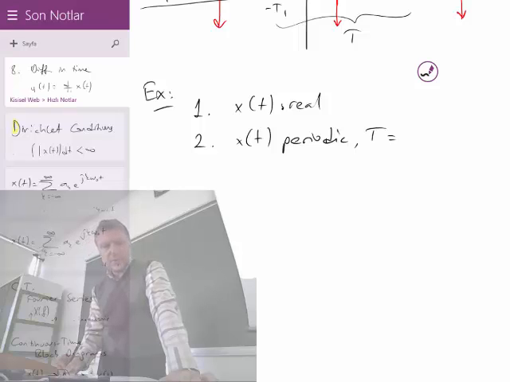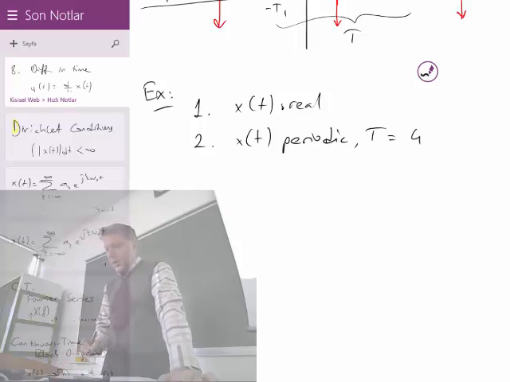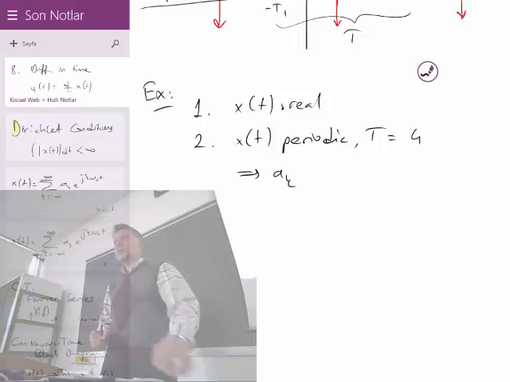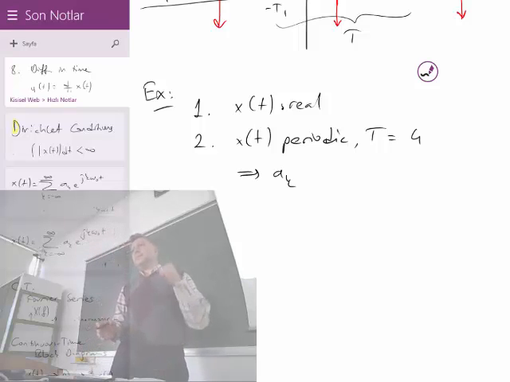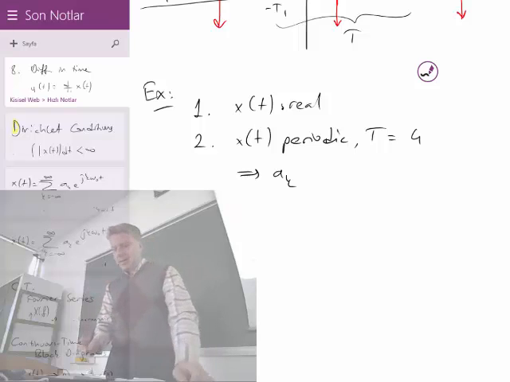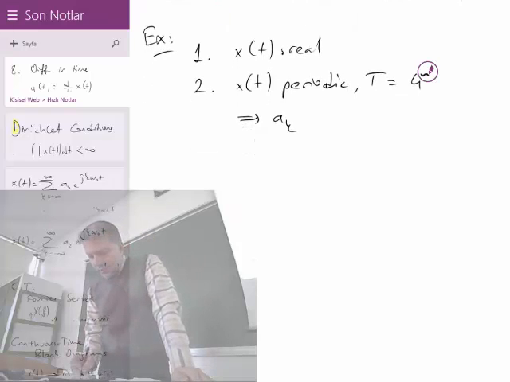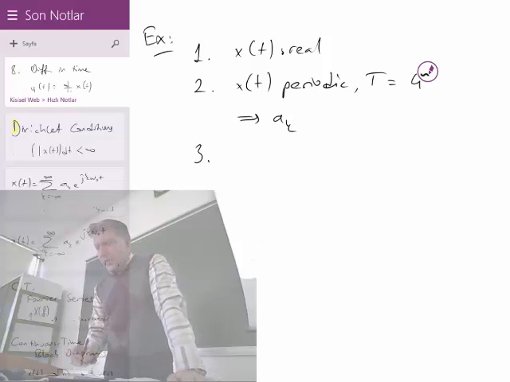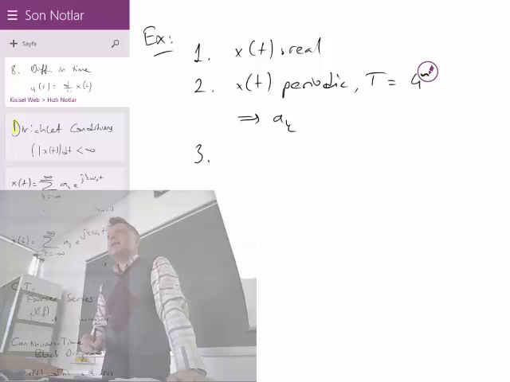with period equal to 4, which immediately implies that it has Fourier series coefficients, a_k. But we still couldn't observe the signal itself. We have another piece of information. We observed it to be band limited.